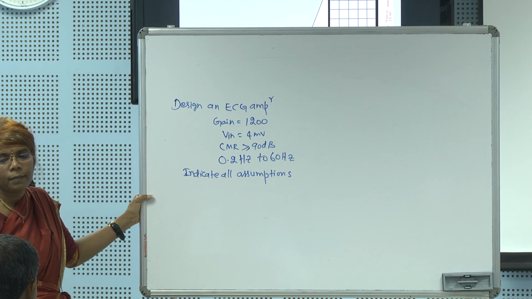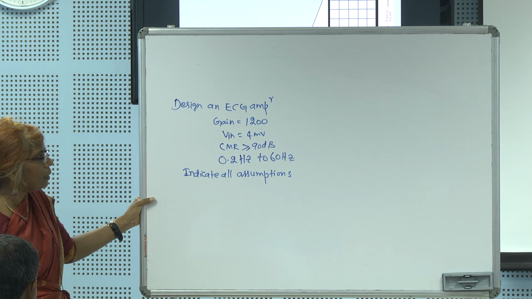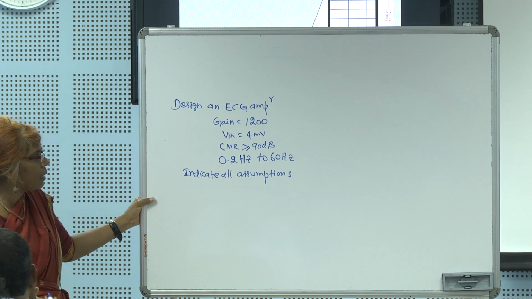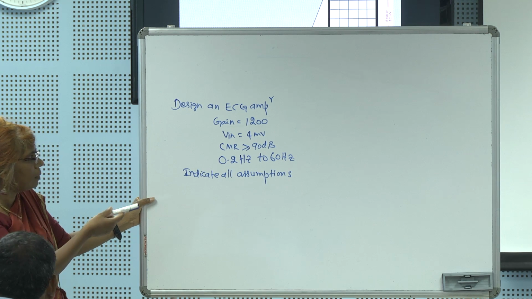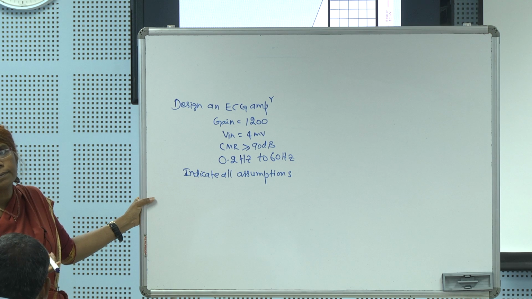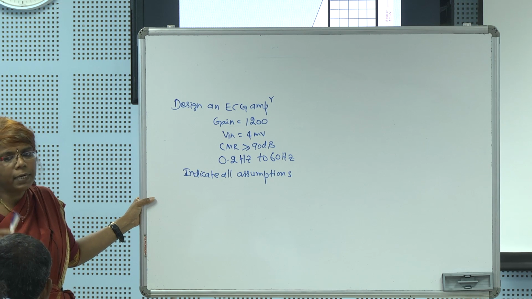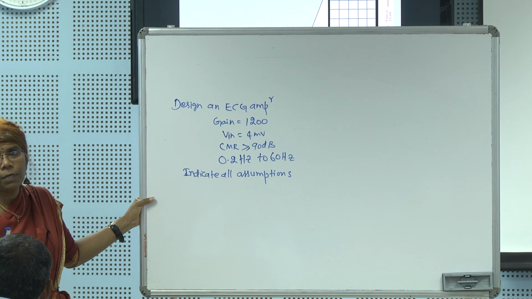You do not need it, but when you build this, you can put in 4 millivolt and measure the output and see what happens. From a design perspective, it is not required. You will have redundant information, it does not mean you have to use it.